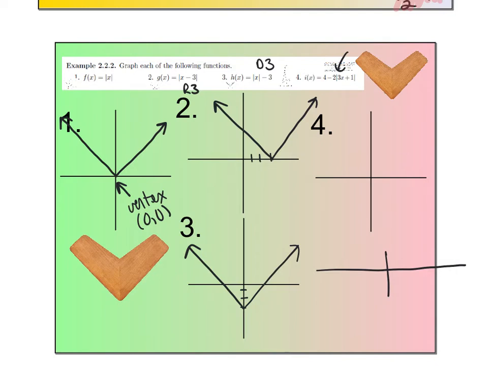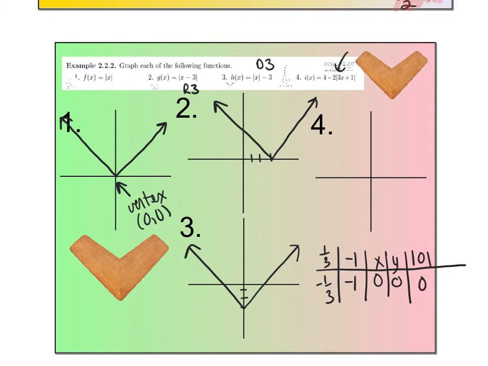Okay, so we'll do 0, 0, and maybe we could do another point to get the horizontal and vertical stretch and shift, stretch and compression. So we've got 0, 0. For my x values, it looks like I'm going left 1, and then multiplying by a third, so I'll get negative 1/3. For the y value, we take the absolute value of 0 first, which is just 0.